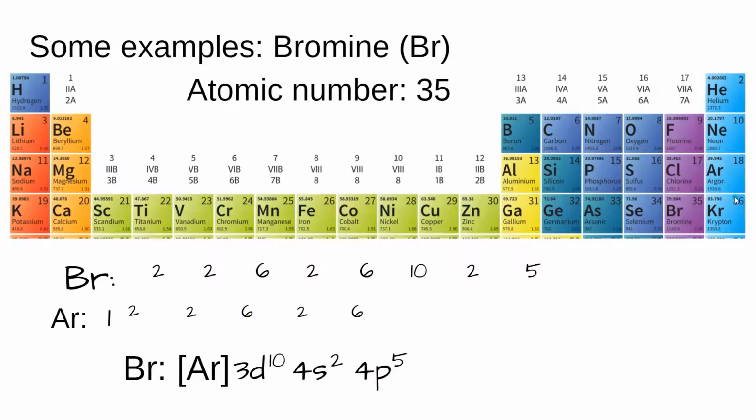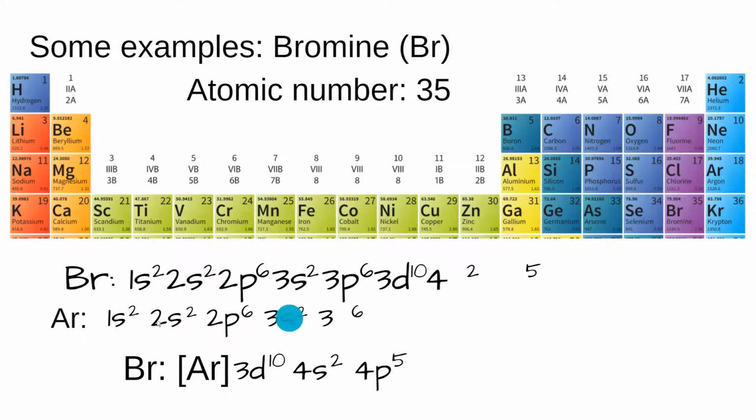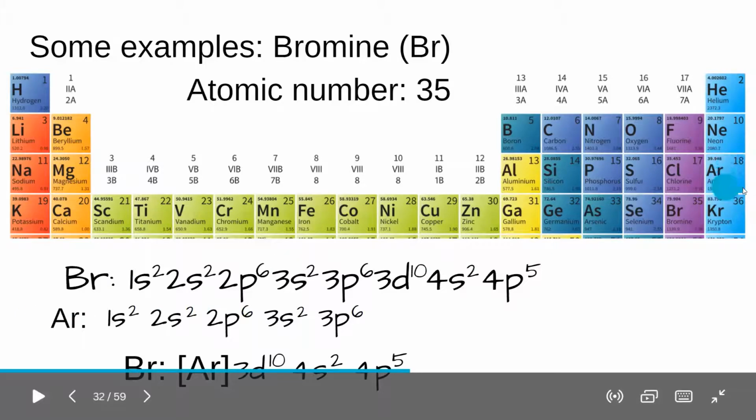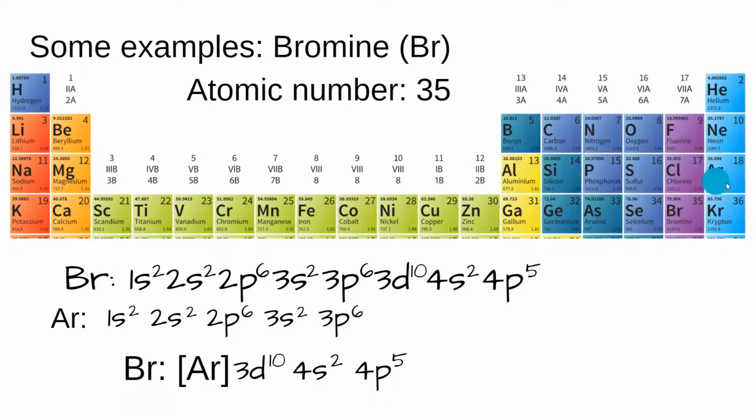What we can do instead is we can say, all right, argon, that is the group 18 element before bromine, and it's important you pick the one before. So if I was doing sulfur, the previous group 18 element would be neon, and for bromine, the previous one is argon. So if we go backwards, the next one back is argon.